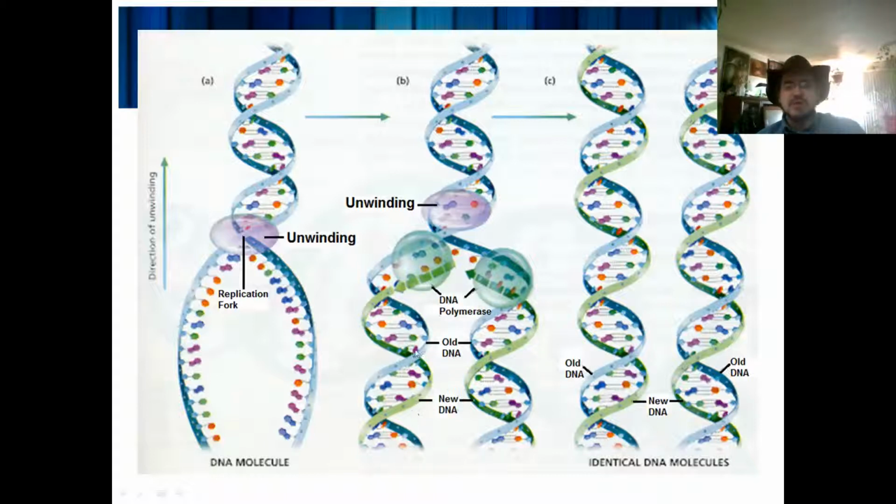So the green backbones are the new DNA being constructed by DNA polymerase. And so we get two new strands made up of an old strand, the template or original strand, and the new strand, the green stuff. So pretty easy. So it just continues unwinding all throughout it, making more DNA all throughout it.